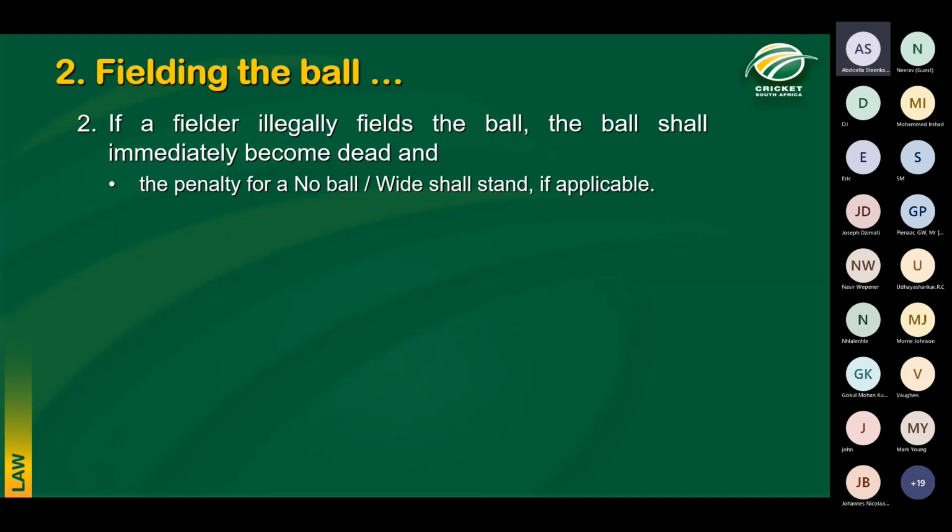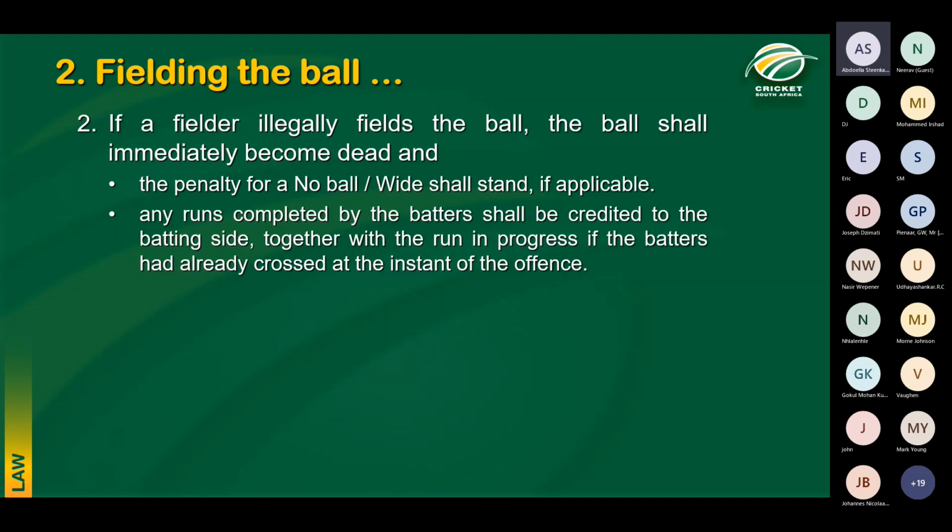If there was a no ball or wide from that particular ball, it will always stand. The law then tells us that any runs completed by the batters shall be credited to the batting side. So if the batters ran 2 runs, and if they crossed for the third when the ball hit the discarded, let's say, cap or helmet, those runs will count.